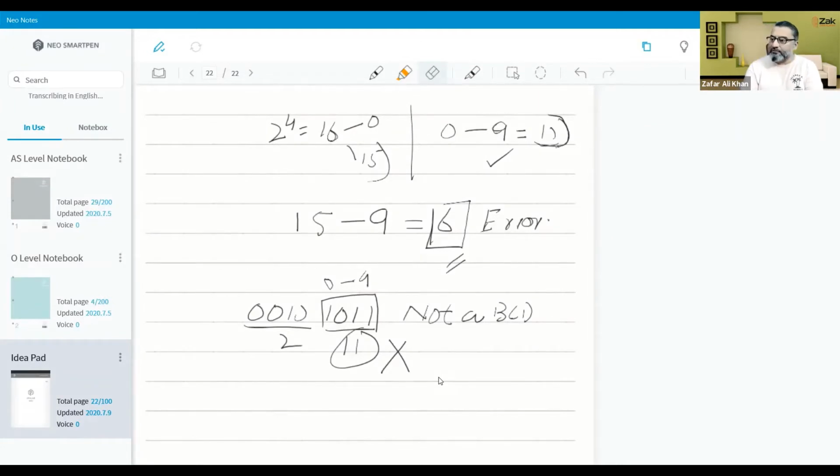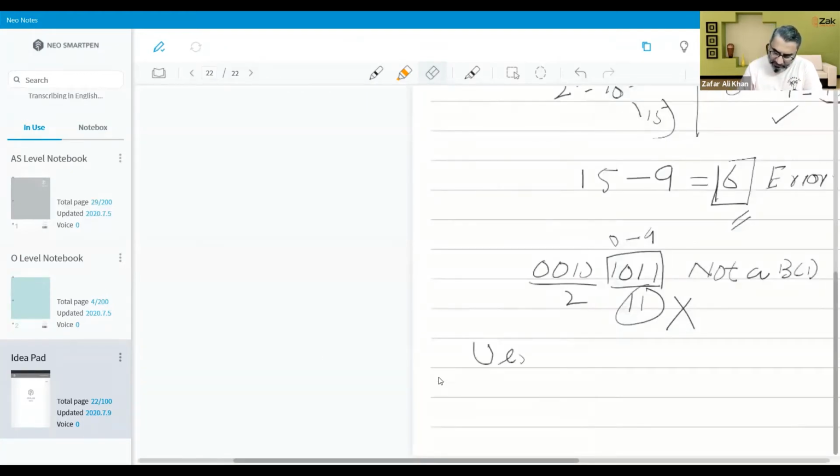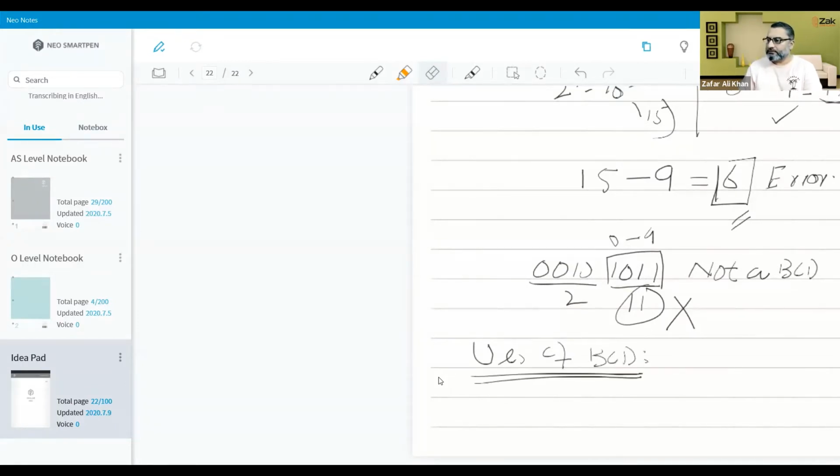Now, uses of BCD. This is actually a common question. Where do we use BCD? The most obvious use of BCD is in the representation of digits on a calculator or a clock display.